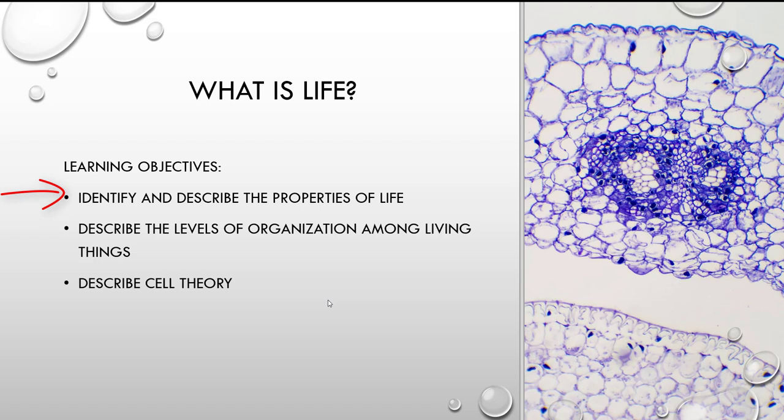There are 8 of them, so make sure you are able to write all of them down and describe them. Describe the levels of organization among living things, and then describe cell theory. We actually talked about this in topic 1, so that might already be familiar to you and just be review. So you might be able to answer that already.